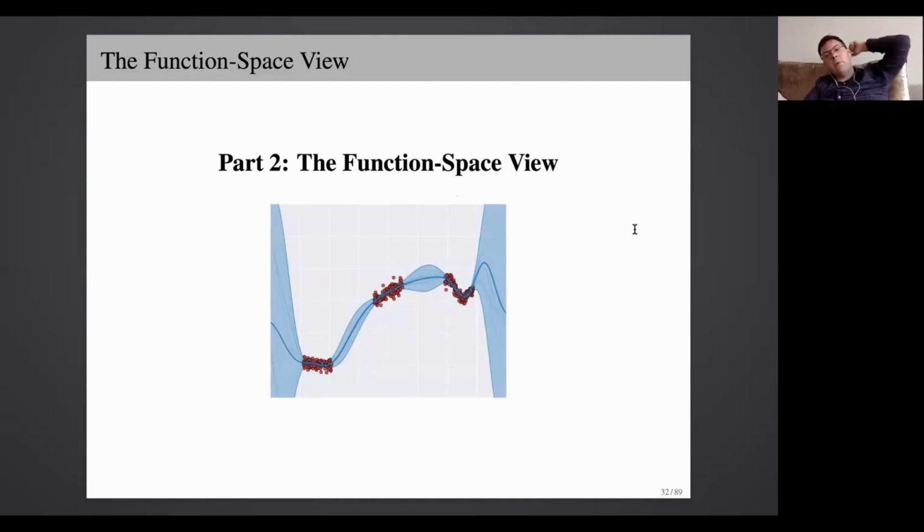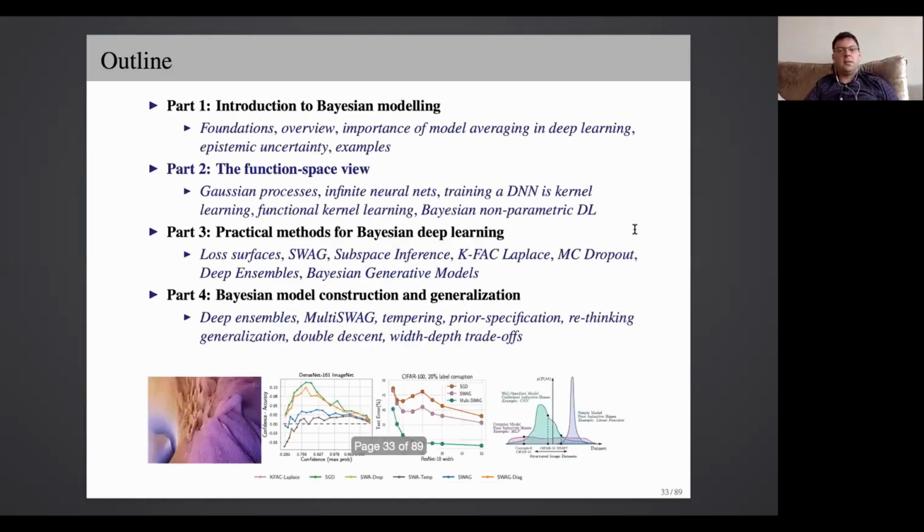We've already briefly alluded to this perspective in understanding this model selection question, in thinking about support and inductive biases, and we'll go a lot more deeply in this direction, particularly considering GPs, infinite neural nets, and what happens when we really pursue this philosophy to its extreme and build neural nets as large as possible.